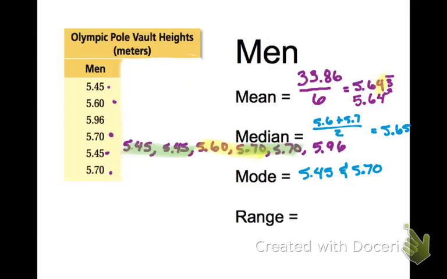Now again, this really makes it easy. My range, my biggest number is that 596 minus my smallest number, 545, and I type that into my calculator, and I get out 0.51.